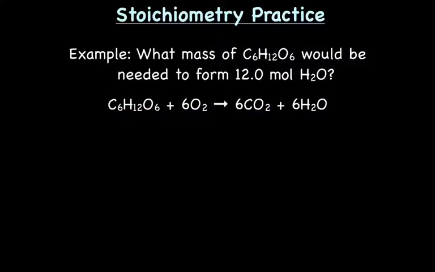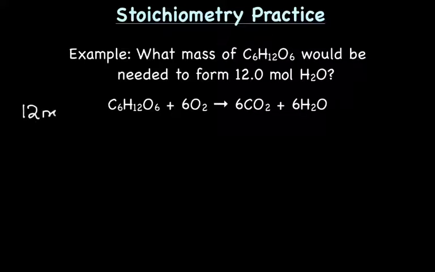All right, let's try another one. So this time, what mass of glucose, or C6H12O6, would be needed to form 12 mole of H2O? So if we start by writing our question as a math problem, what do we know?